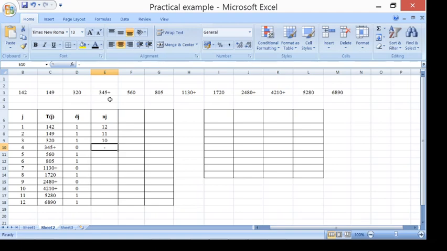So 3 failures and 1 removal. So 4 components have left the system, and therefore now we will have 8 components after time point 345. So just prior to the time 560, we will have 8 components with us. Right. So at time point 560, we will have 8 components.